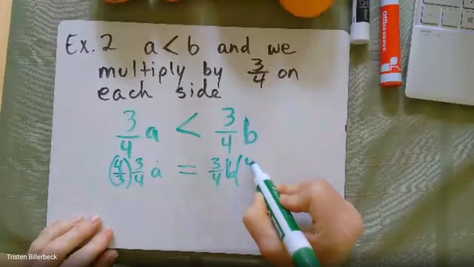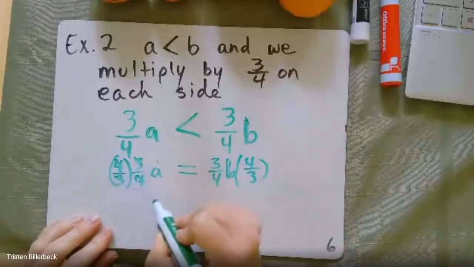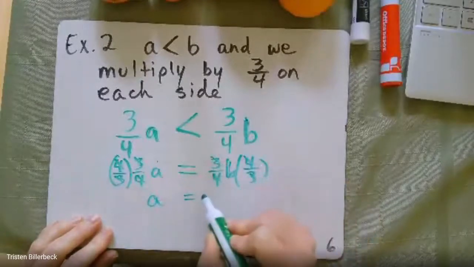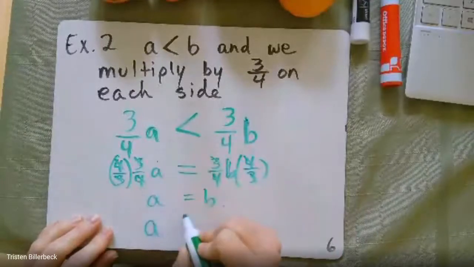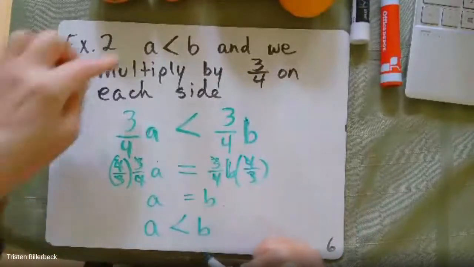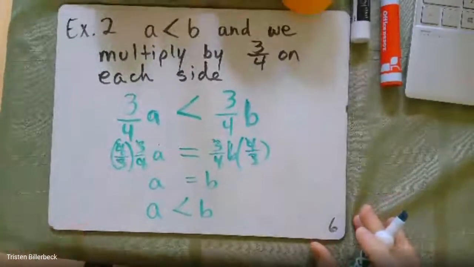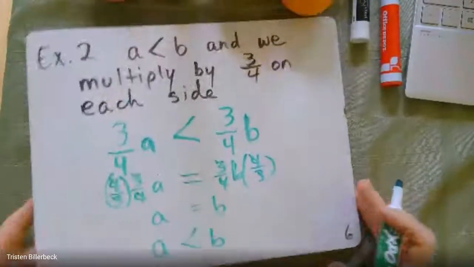And we do it over here. Well, look, it cancels both of them out. And now we stop pretending and we put the inequality back in, and A is still less than B. Okay?